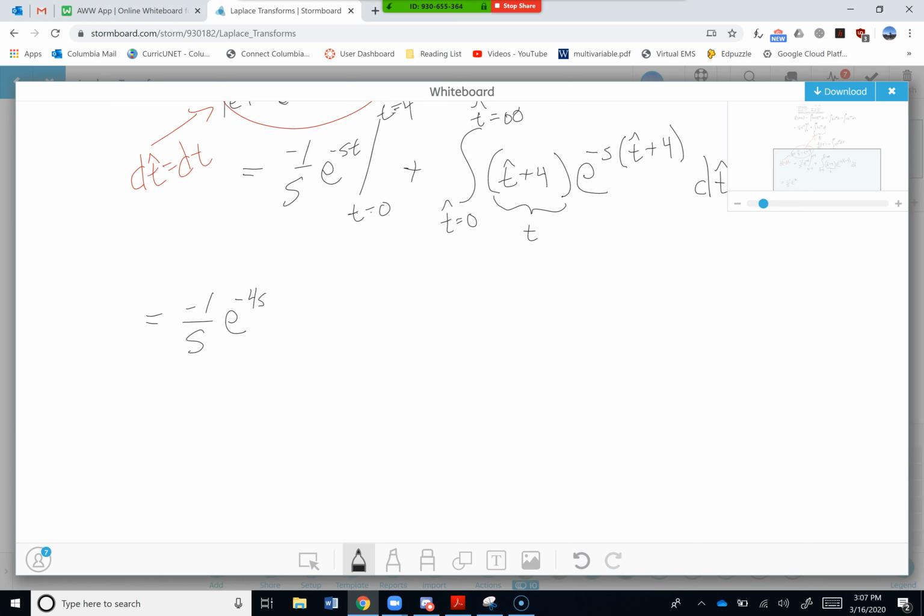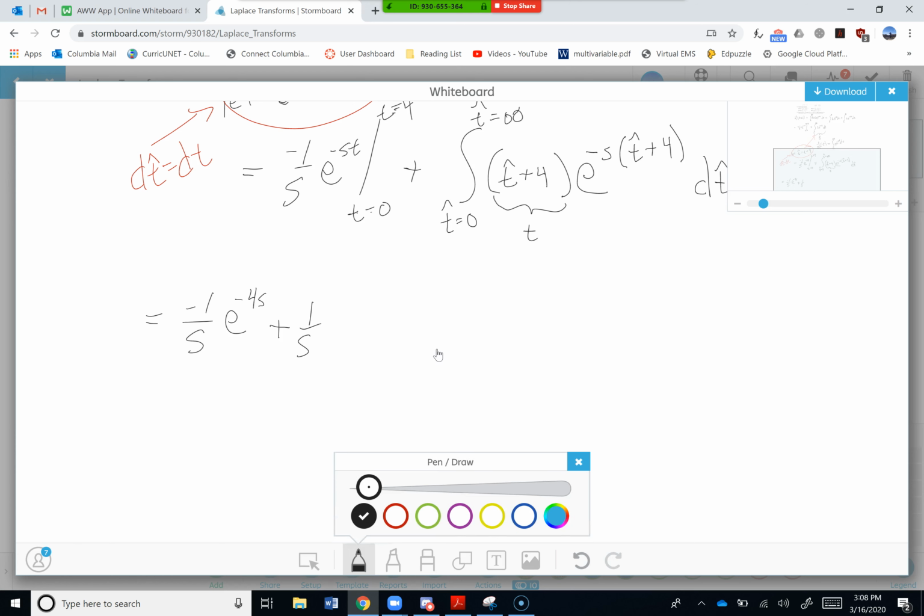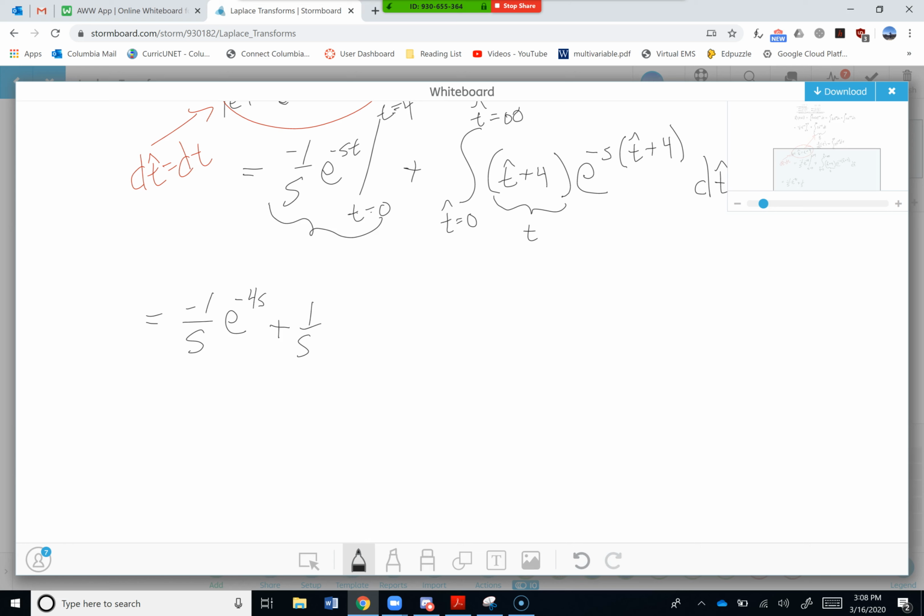And then I have a plus 1 over s e to the 0, which is of course 1. So I can just dump it. So this stuff became all this stuff.